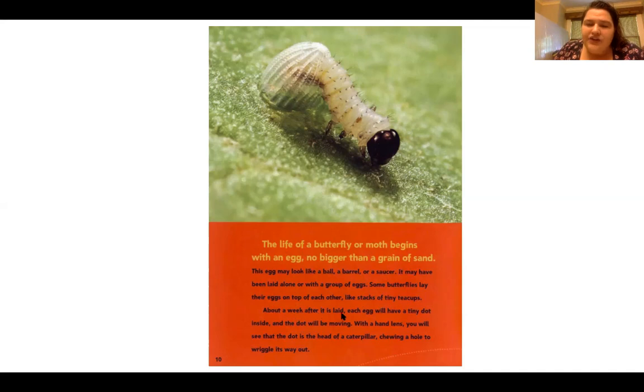About a week after it is laid, each egg will have a tiny dot inside, and the dot will be moving. With a hand lens, that's like something you look through to see better when you have to see small things, you will see that the dot is the head of a caterpillar, chewing a hole to wriggle its way out. So it's chewing the hole to get out of the egg.